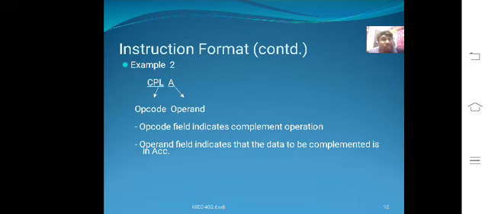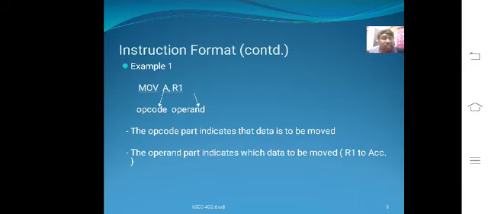The difference between these two examples: in example 1, two registers are used, register A and register R1, and the R1 data is moved to the A register.